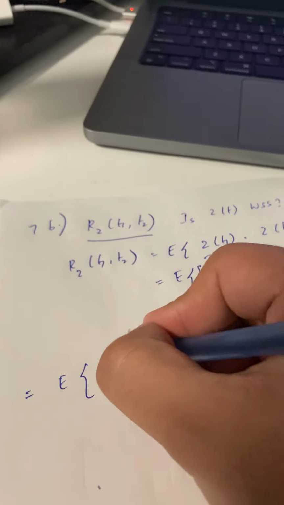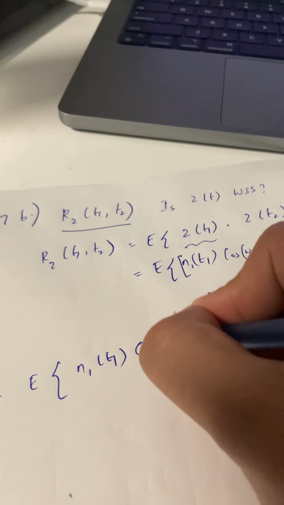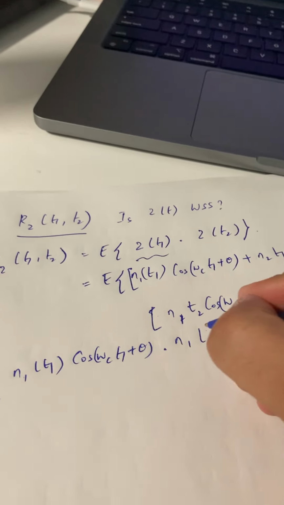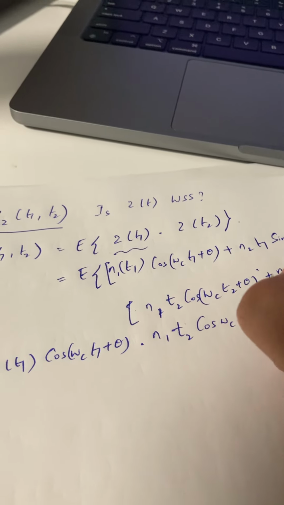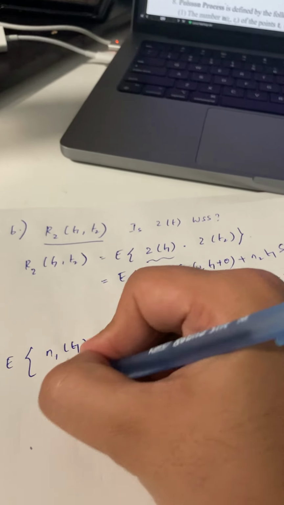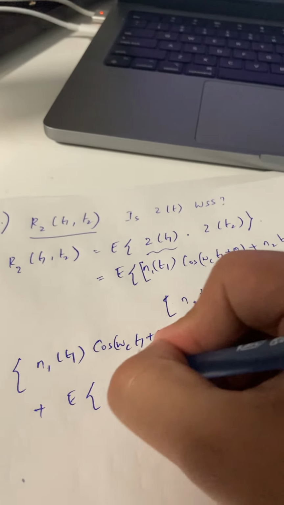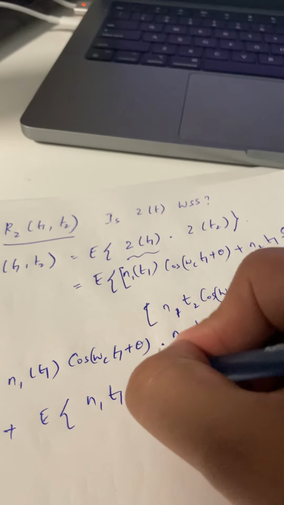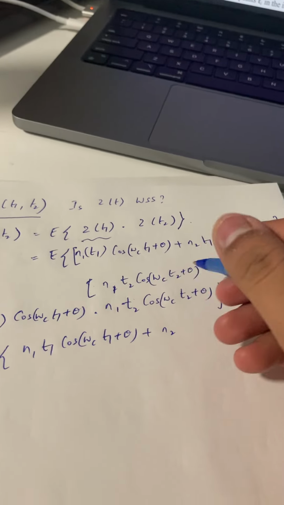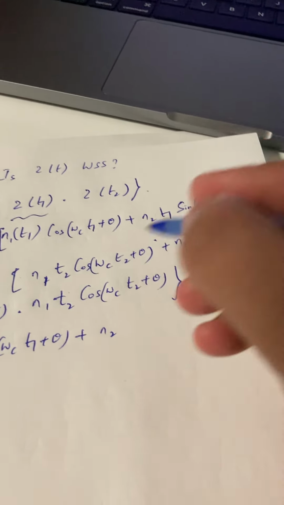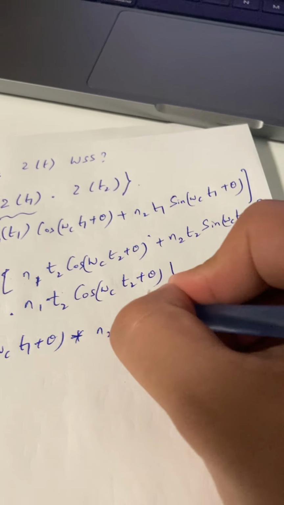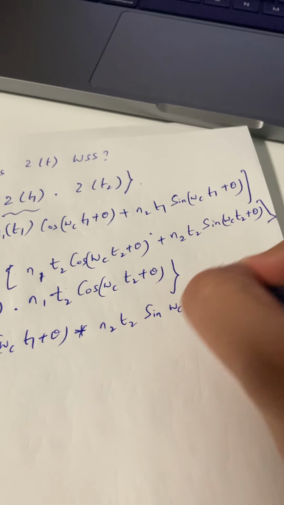The first term is n1 of t1 cos of omega c t1 plus theta into n1 of t2 cos of omega c t2 plus theta. The second term is n1 of t1 cos of omega c t1 plus theta into n2 of t2 sine of omega c t2 plus theta.